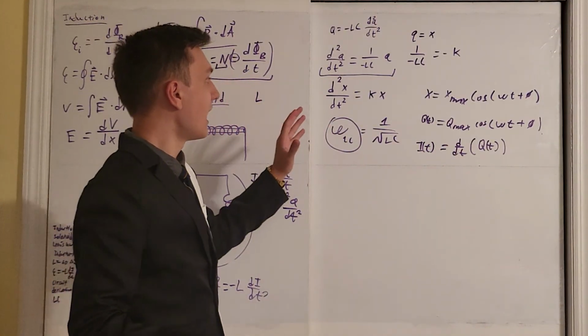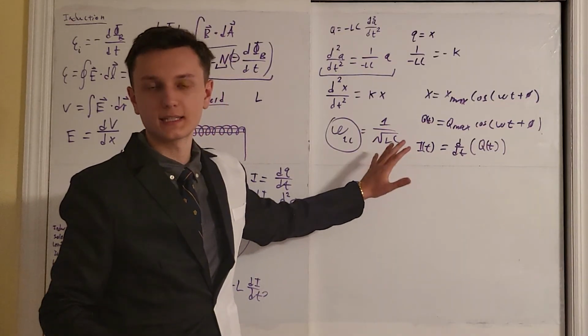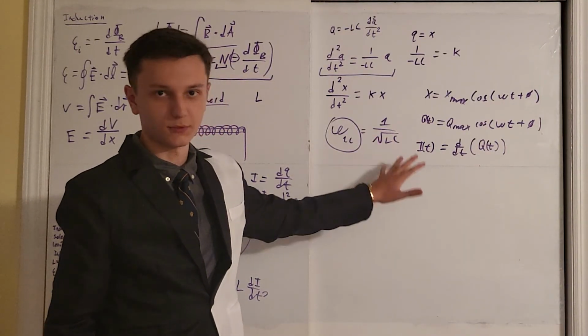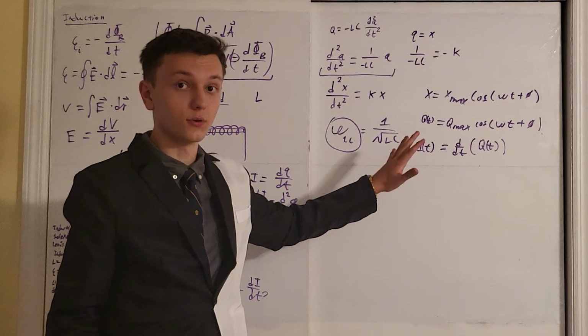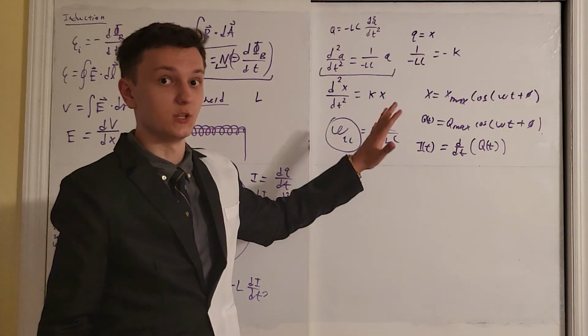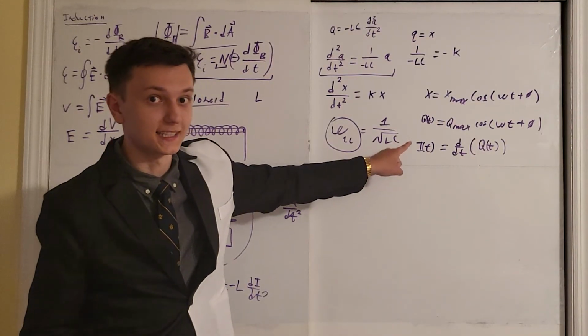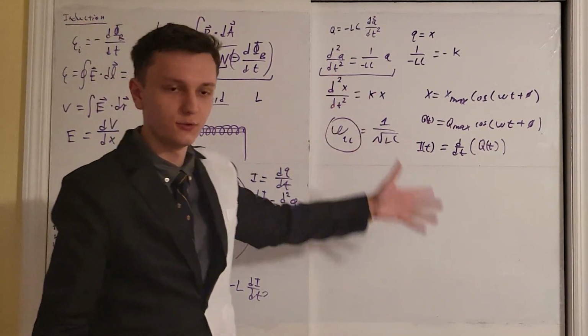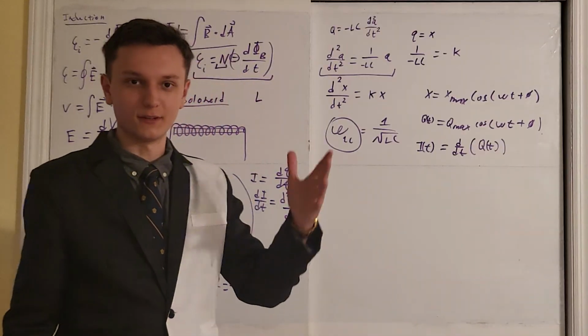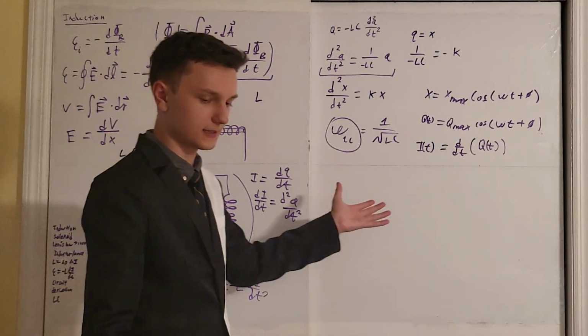I have never seen this tested on an AP exam, not in multiple choice, not in FRQs. If you're cramming and you want to know what you should skip, skip this. Don't practice this. But of course, if you want to get a 5, and a perfect score, of course practice this.